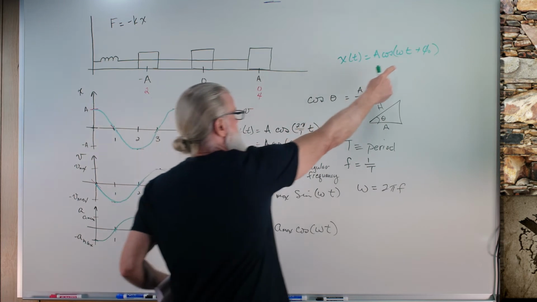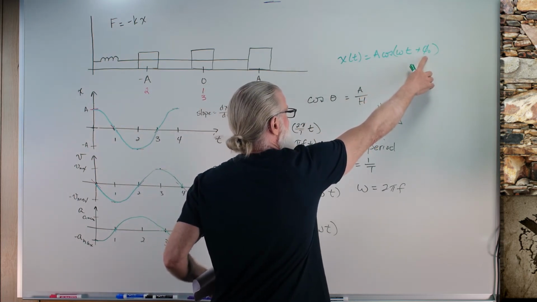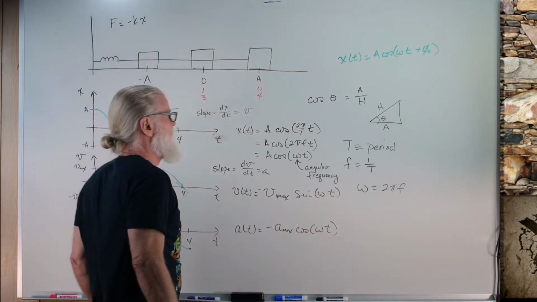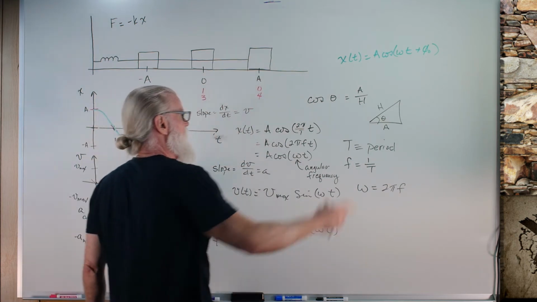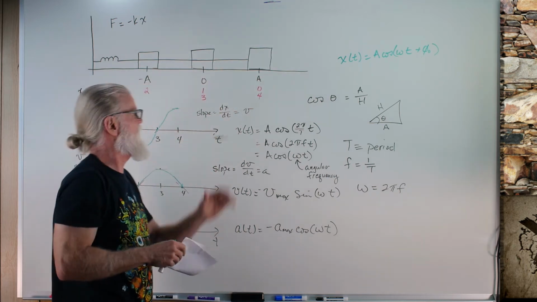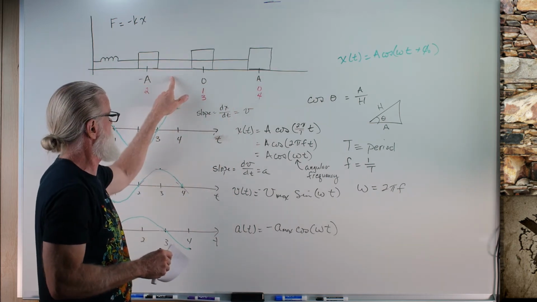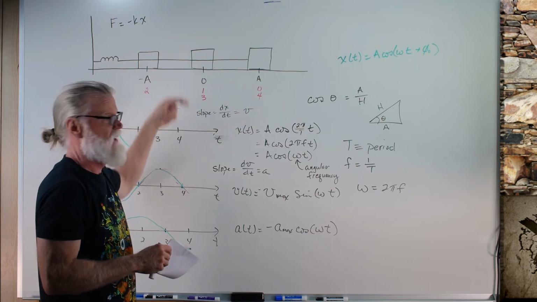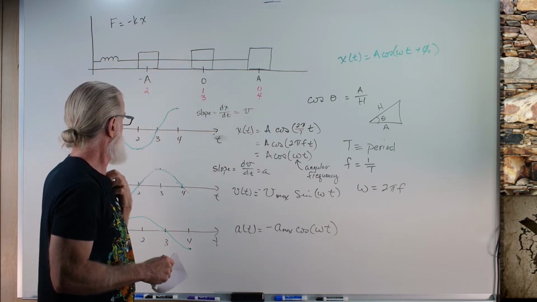Because when we put t equals 0, this is going to give us a non-zero angle if this is a non-zero value. So this phase constant is going to allow us to start this oscillation at any given point, right? We could have started our stopwatch when the thing was at this position and going that way, right?